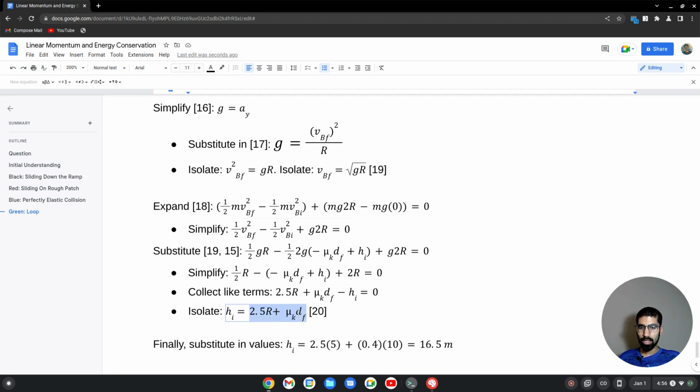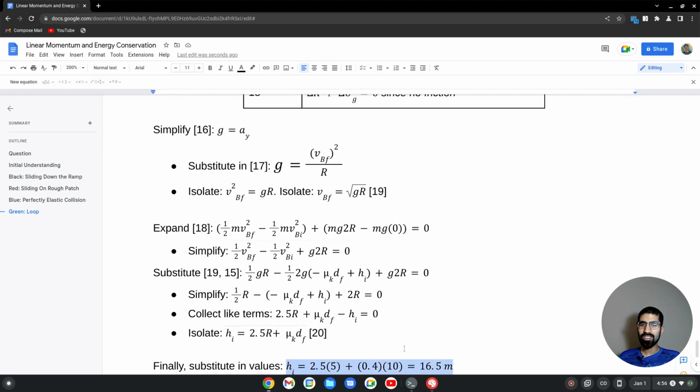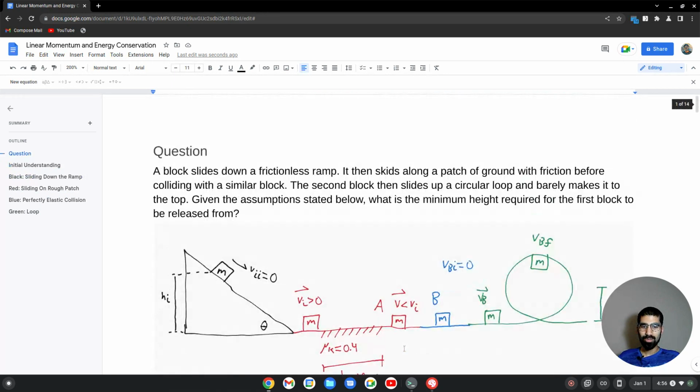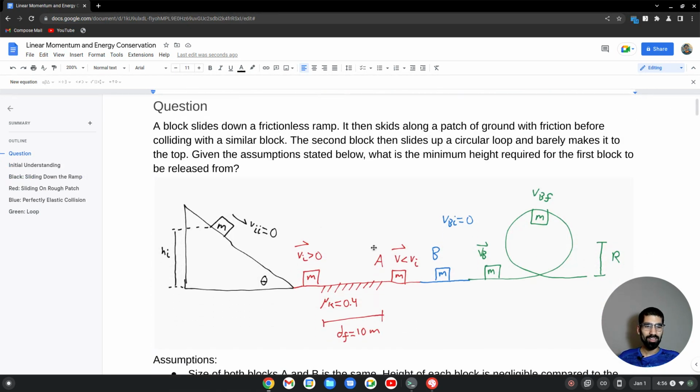So the end answer ends up being meters plus meters, or just meters. So the units make sense too. So this seems like a reasonable answer. And here we just broke down a very, very messy path.